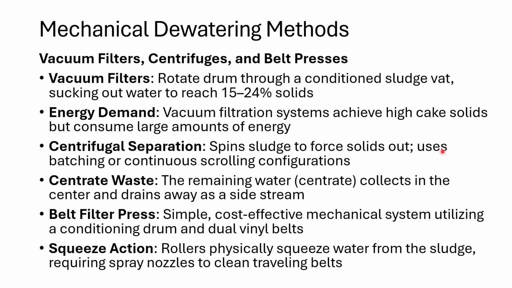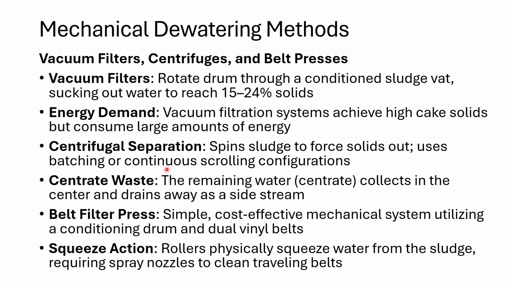By doing that, you're going to get a high amount of solids in what are called sludge cakes. That's basically solidified sludge, but it's going to suck up a lot of energy doing it. Your costs are going to go up. So that's why I tell you, you may not see this too much in this state because most folks here want to keep their process relatively cheap.